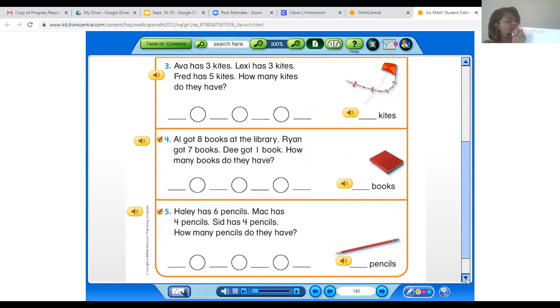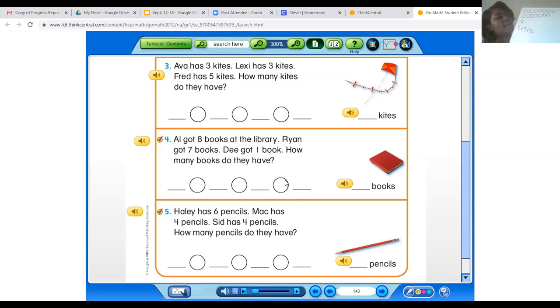Ryan got 7. 1, 2, 3, 4, 5, 6, 7. And D got 1. So I have to write out my addition sentence. So I have 8 plus 7 plus 1 equals.